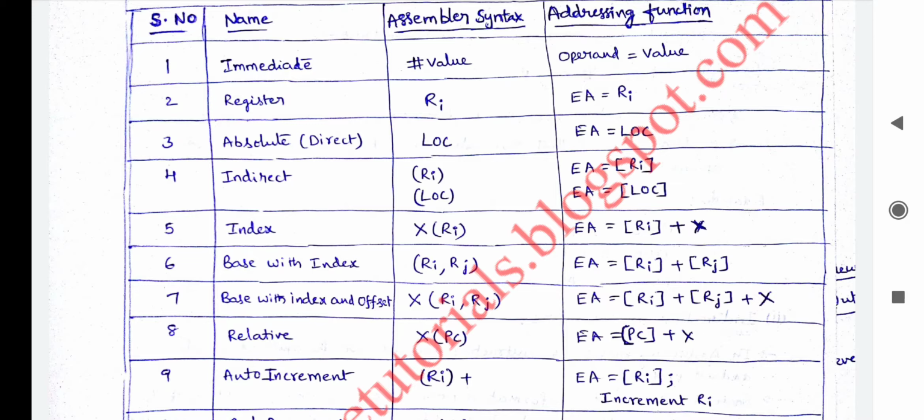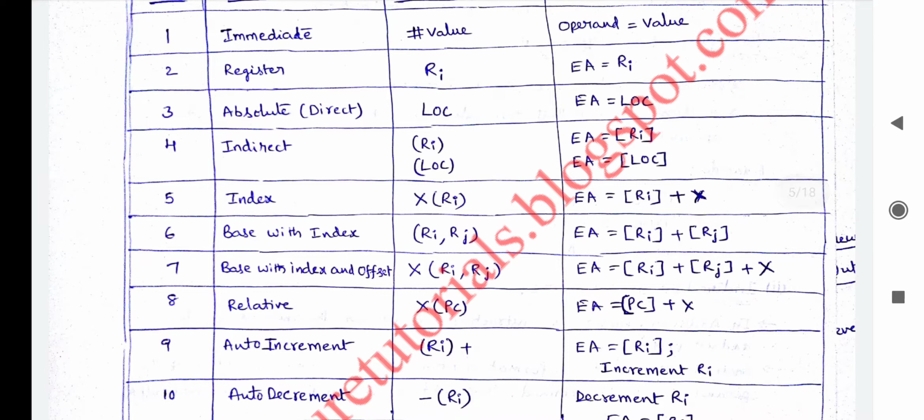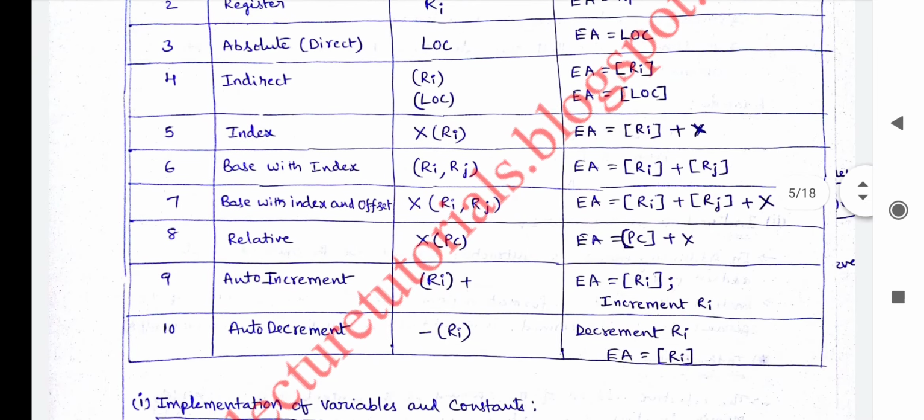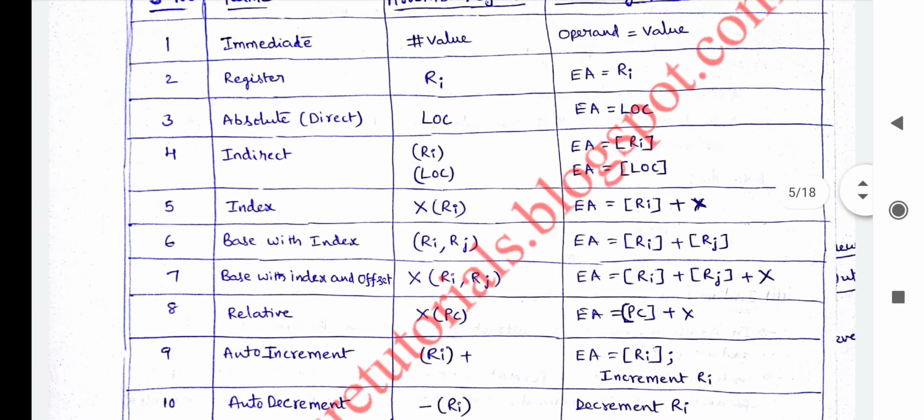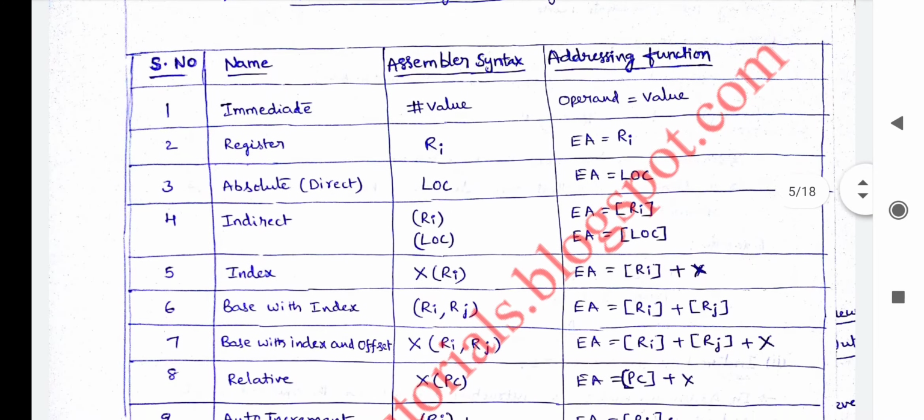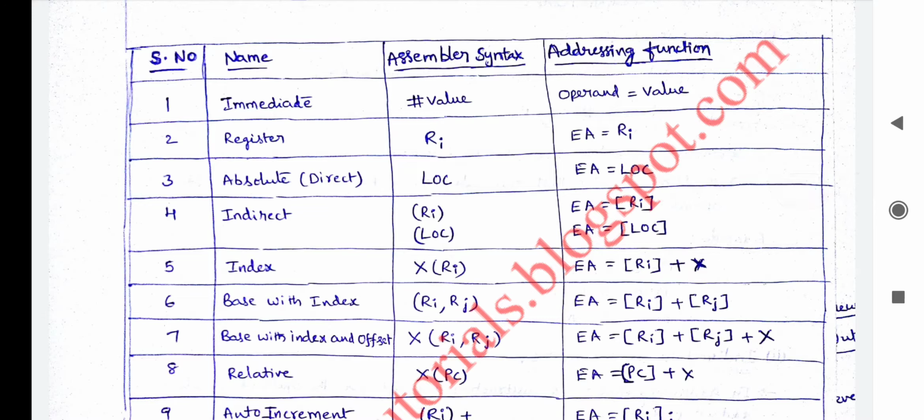Next, direct addressing mode, we can also call it absolute addressing mode. Indirect addressing mode, index addressing mode, base with index or based index addressing mode, base with index and offset addressing mode, relative addressing mode, auto increment and auto decrement. These are the 10 different types of addressing modes.